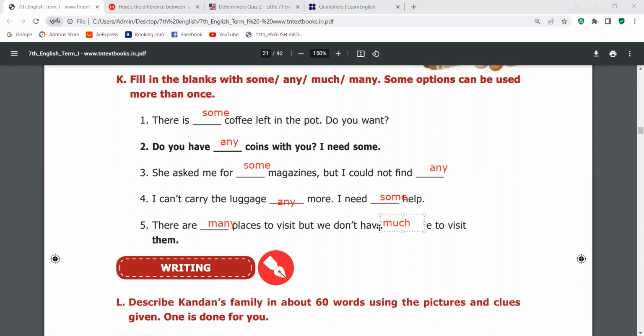Have you understood how we are using these quantifiers? Quantifiers are kind of determiners that help us answer the question how much or how many. It is used before a noun or a noun phrase.